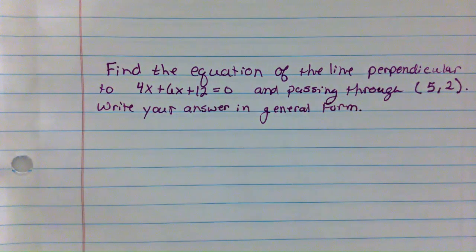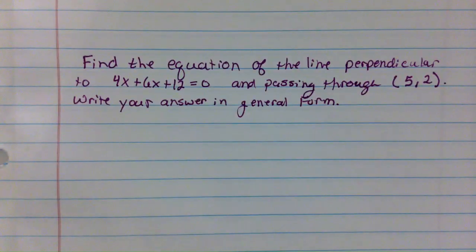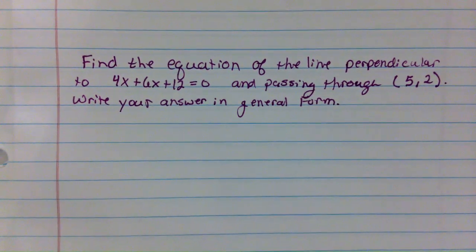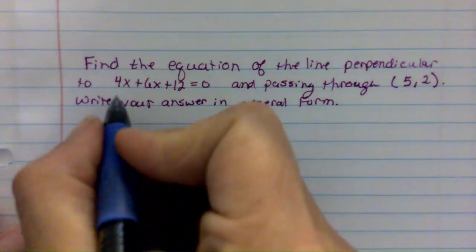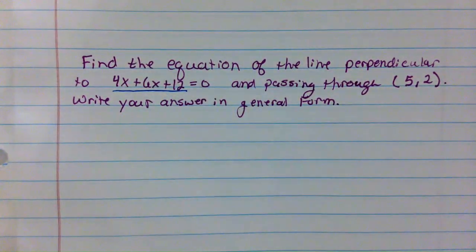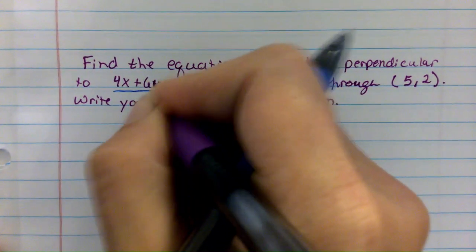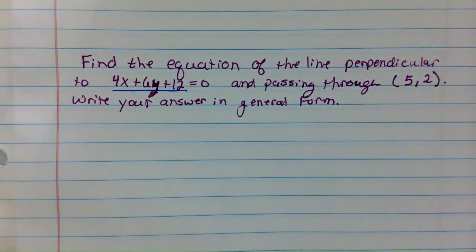Okay, so I'm going to go a little above and beyond, and I'm going to discuss how to graph their form. We're going to do this by a rough sketch first, and then we're going to do the actual work. So let's just take care of this 4x plus 6y plus 12.